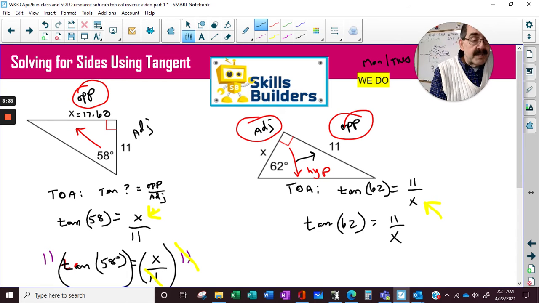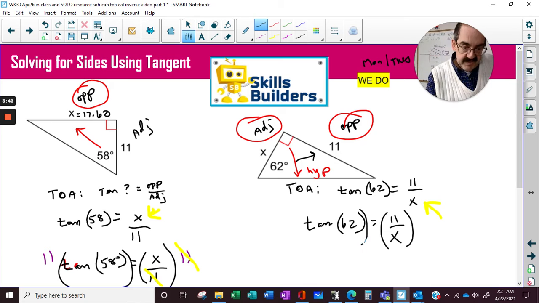Well, again, what's the opposite of divide? Everybody, write parentheses. We're going to do the same thing we did over here. We multiplied. Everybody, multiply by x, multiply by x.